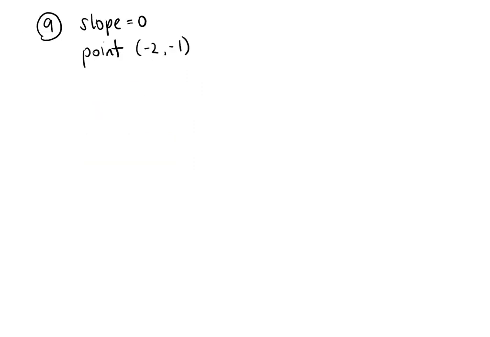Now you could take this information and plug it into point slope form, but you could also recognize the fact that if the slope is 0, then we have a horizontal line. And if I have a horizontal line, I know that its formula is just y equals. And so I'm just going to say y equals, and the y value is negative 1. And there you go. But let's say we don't recognize that, and you want to go the long way.